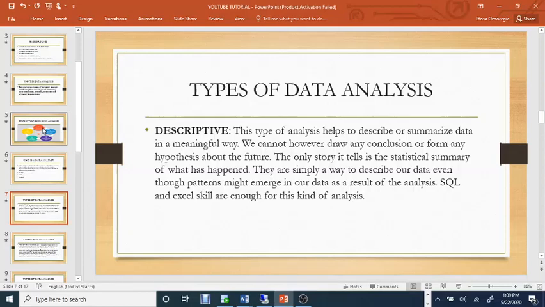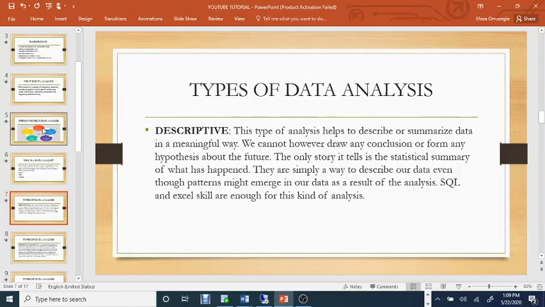There are three major types of data analysis. The first one is descriptive analysis, and that is the focus of this course. Descriptive analysis is carried out on data in order to tell a story about what has happened.